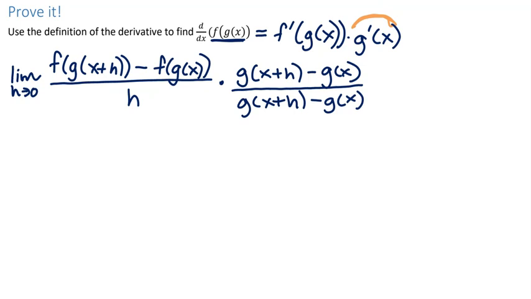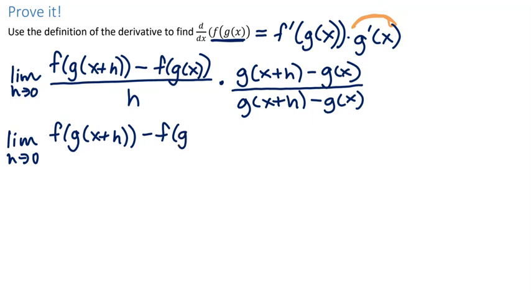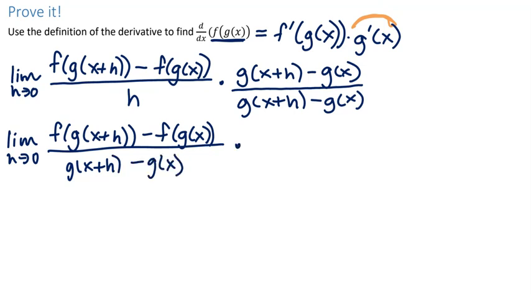The next step I'm going to do is really just a quick rearrange. I'm going to switch the denominators of the fractions. So we'll have that same numerator, but this is now going to be over g of x plus h minus g of x. And then we're multiplying by the g of x plus h minus g of x all over h.